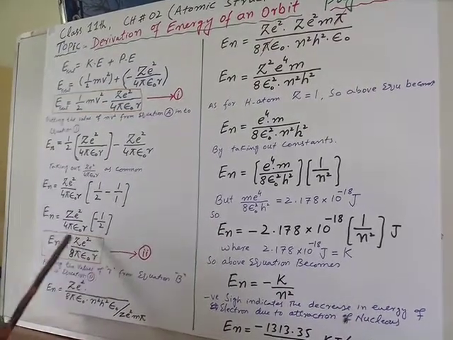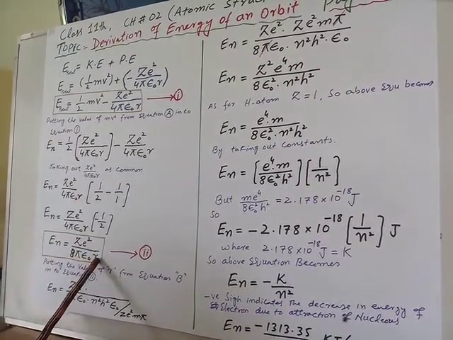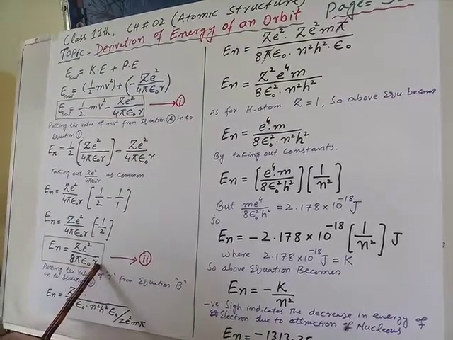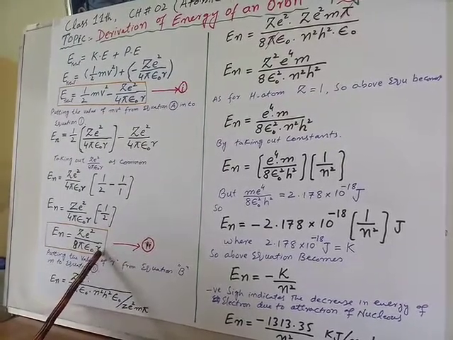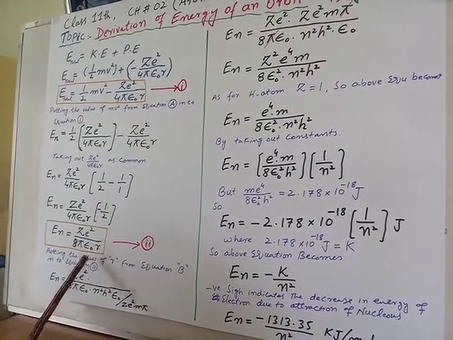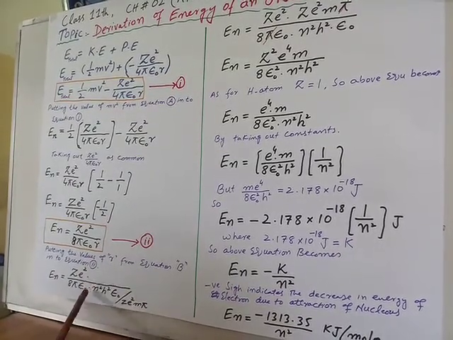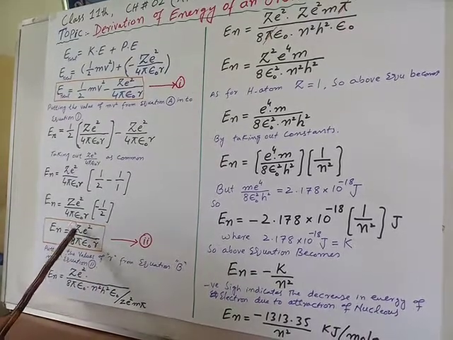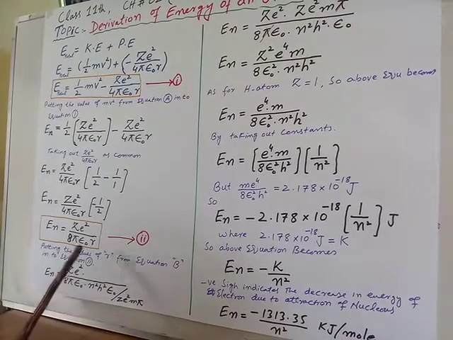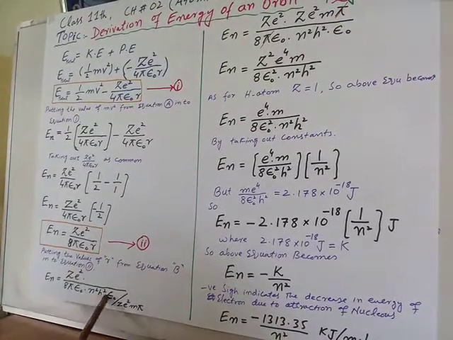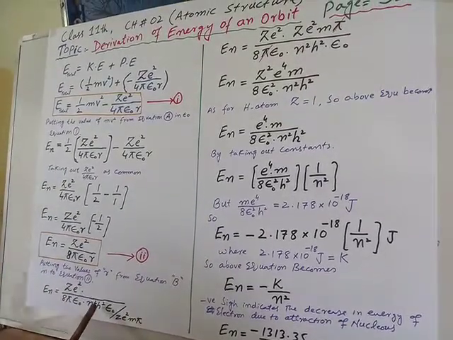So for each orbit, in order to calculate its energy, we will need the radius, and we have derived an equation for the radius. So we will put the value of that r here. Instead of this r, we put the value of r from our previous topic, which was the calculation of the radius of an orbit.